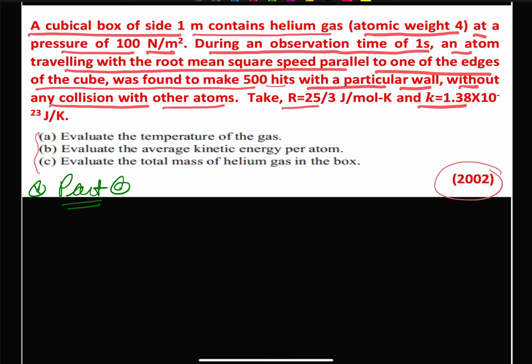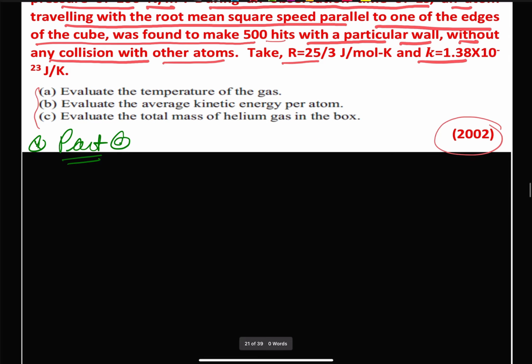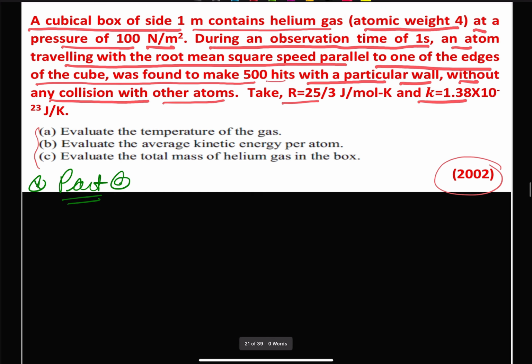First of all, we are given that the atom is traveling with the root mean square speed. So we can say that the cubical box side is 1 meter.